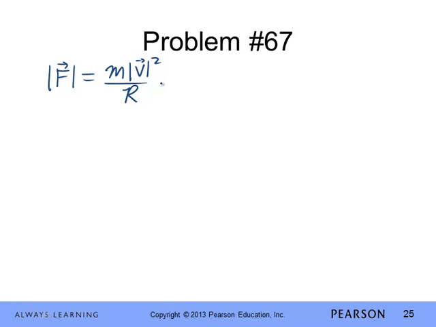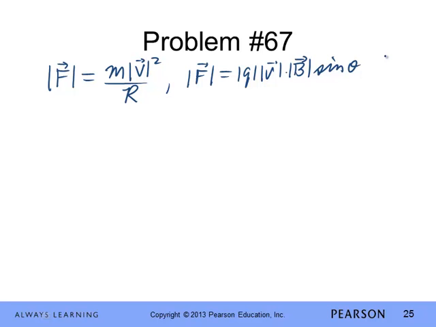So use that together with the equation from the magnetic force on a moving charge, which says that the magnitude of force is equal to the absolute value of the charge times the speed times the magnitude of the magnetic field times the sine of the angle in between.